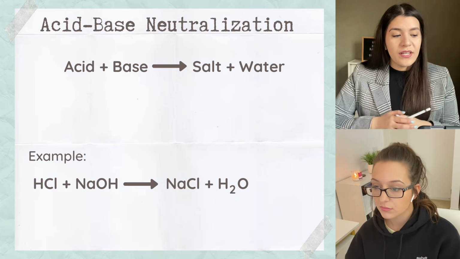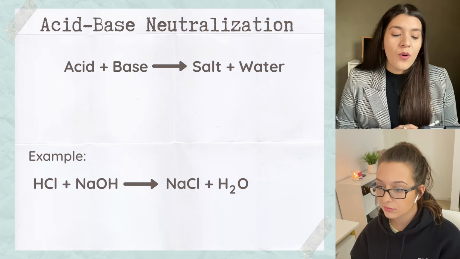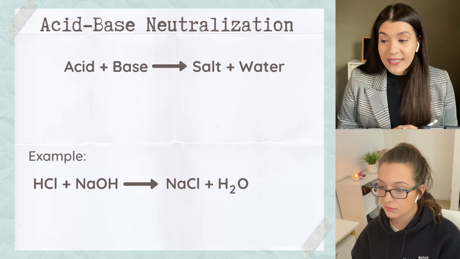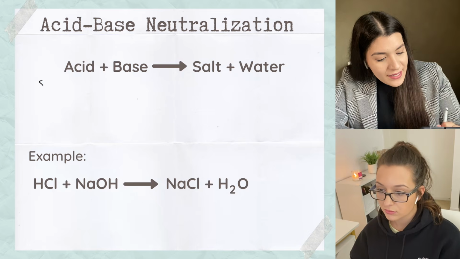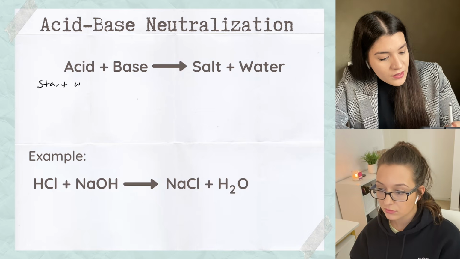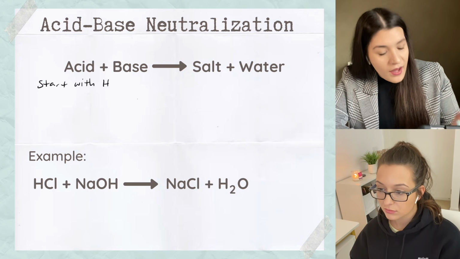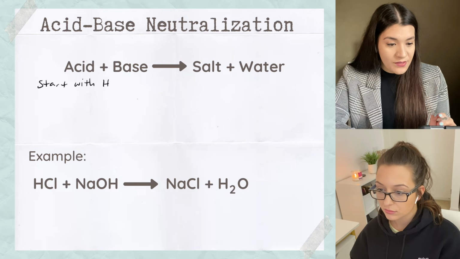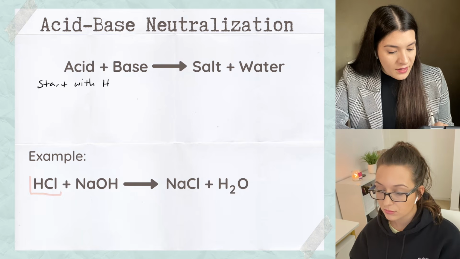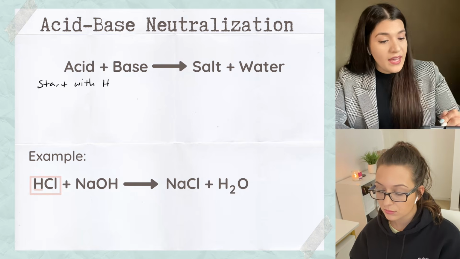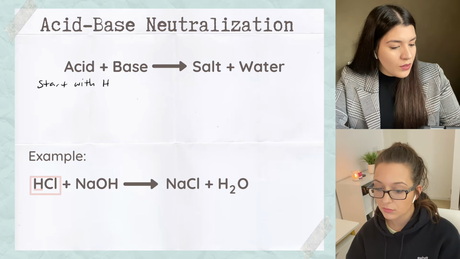So acid-base neutralization, this is our last one. You're always going to start off with an acid. How you know something is an acid is it's going to start with a hydrogen. In our example, this has to be my acid because it starts with a hydrogen. And then next, what about my base?